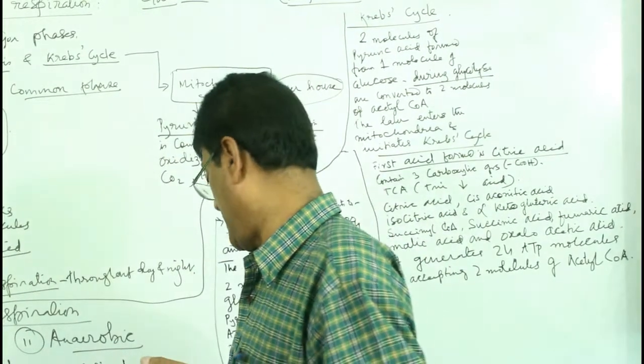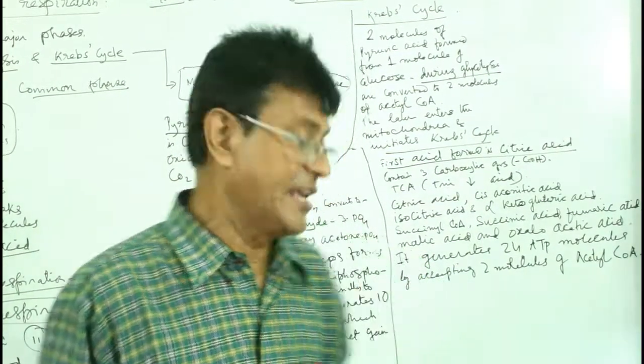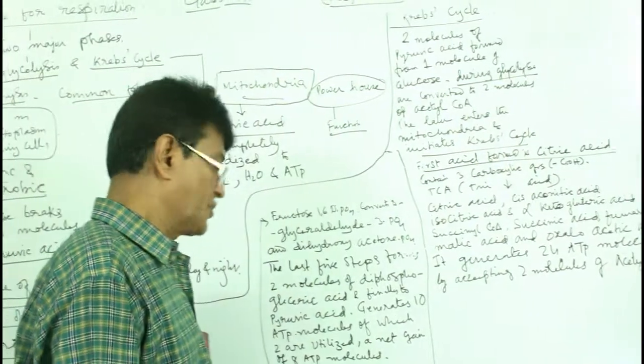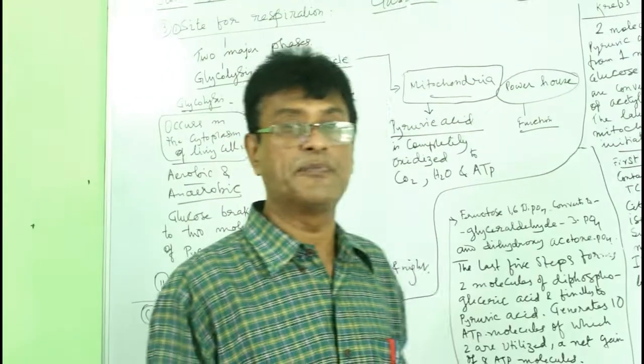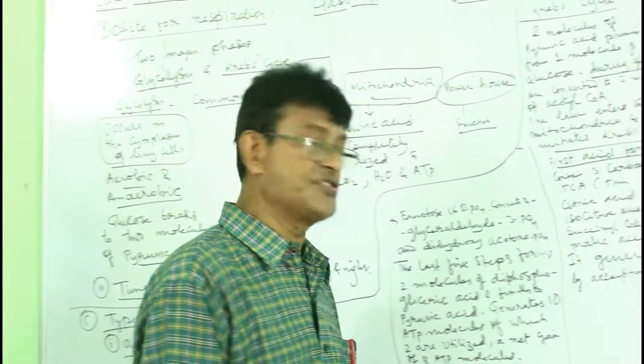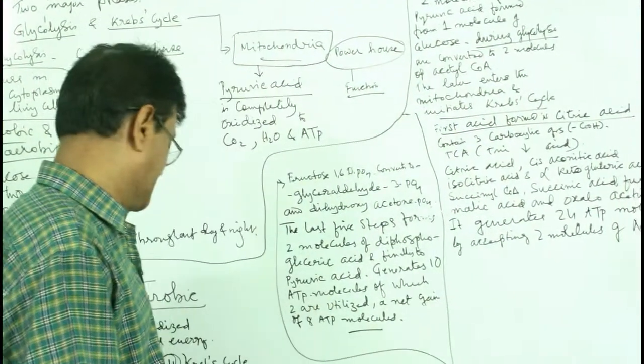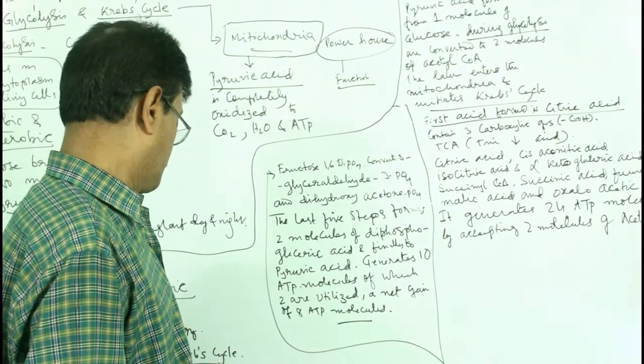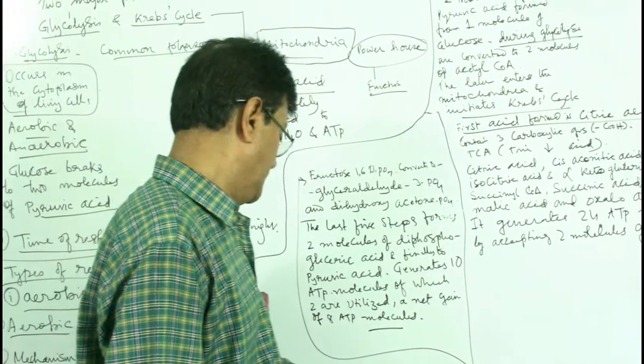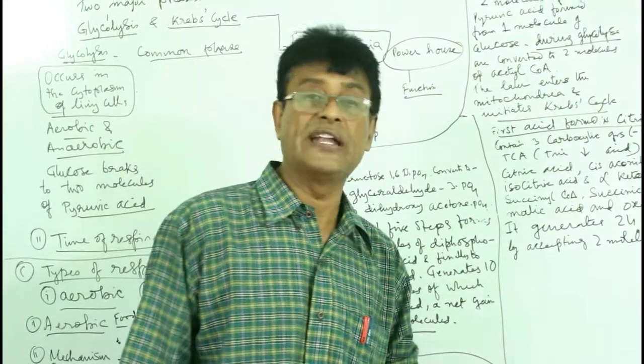So in the first 5 steps, what is happening? Glucose is converted to glucose 6-phosphate, then fructose 6-phosphate is prepared, and then fructose 1,6-diphosphate is formed, utilizing 2 ATP molecules.